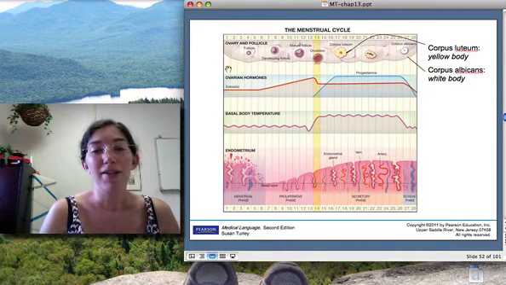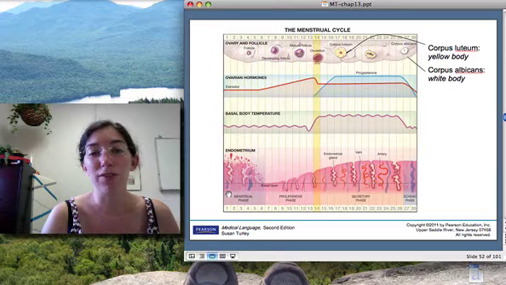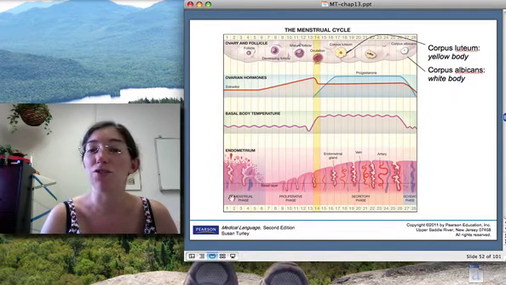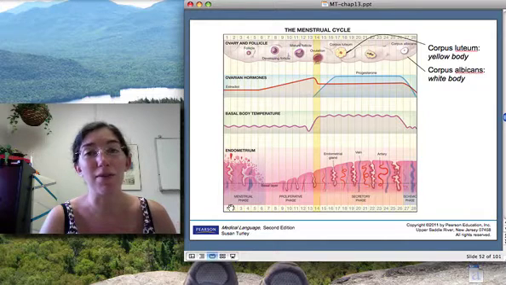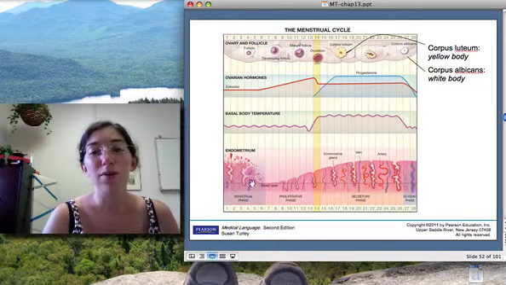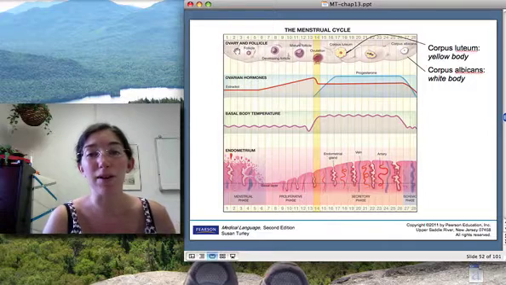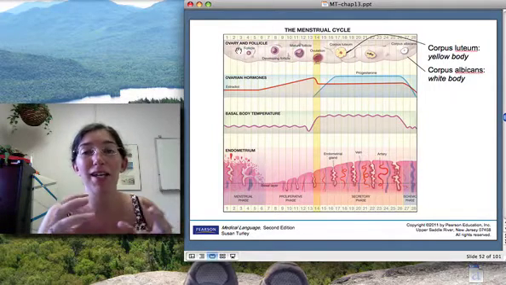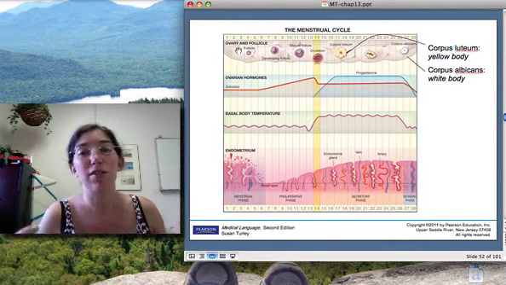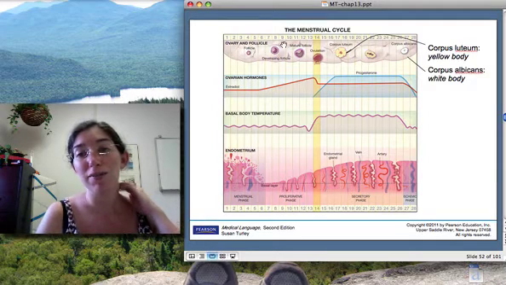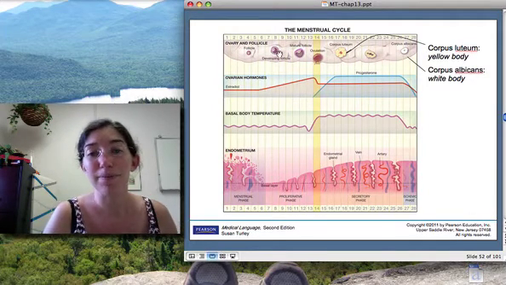So what happens? The first stage of the menstrual cycle is the menstrual phase. Day one of your period is day one of the menstrual cycle. That is the part where the endometrium sheds itself. This is where in your ovary, a new follicle that contains an ovum starts to mature, to get that ovum ready to be released and to be fertilized.